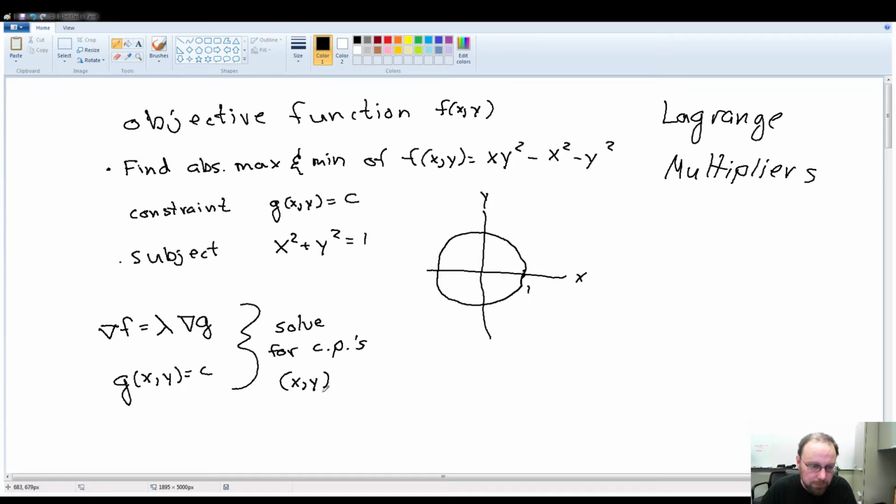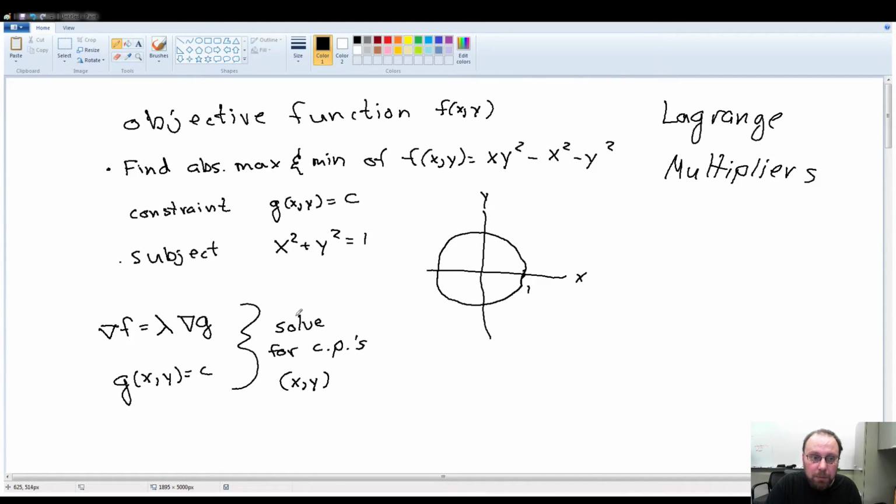Lambda might be interesting, but it's not relevant for us. And then we simply plug those critical points back into the original function, right? In this class, we do not learn a second derivative test for this Lagrange multiplier type of problem. It's simply find the critical points, stick that back into your original function to find your absolute maxes and mins.